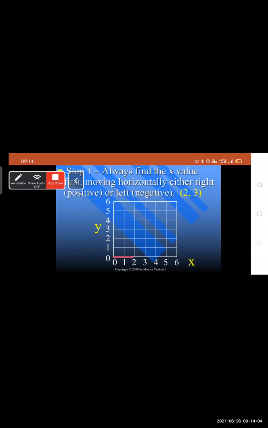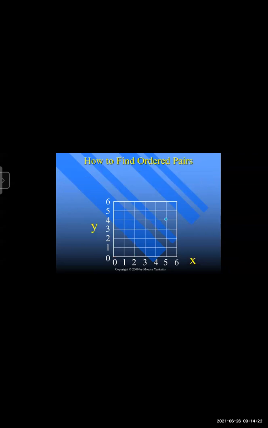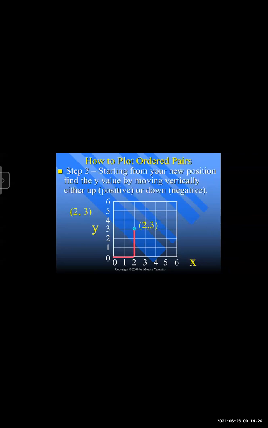Second step is, starting from your new position, find the y value by moving vertically either up or down. First step is find the x value and its sign.